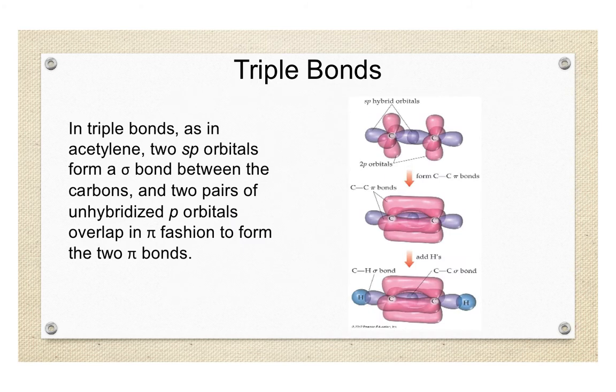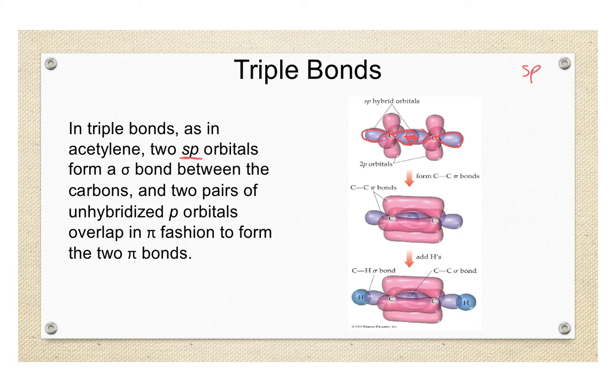Triple bonds happen when you have sp hybridization happening. So in this particular case, we take our carbons, and they've only sp hybridized. So here's one sp hybrid orbital on a carbon, and there's the other. Here's an sp hybrid orbital on the carbon, and there's another one, and we get a nice sigma overlap between them.